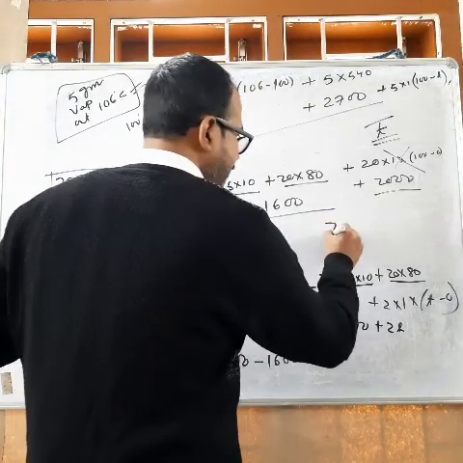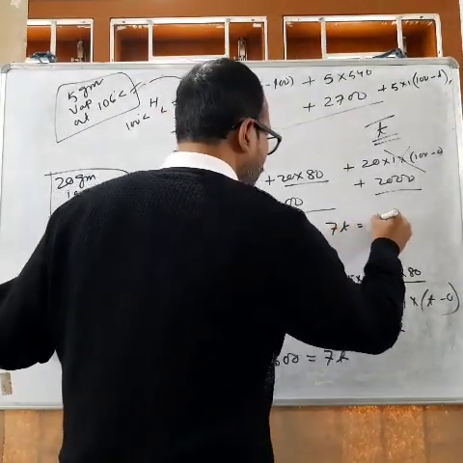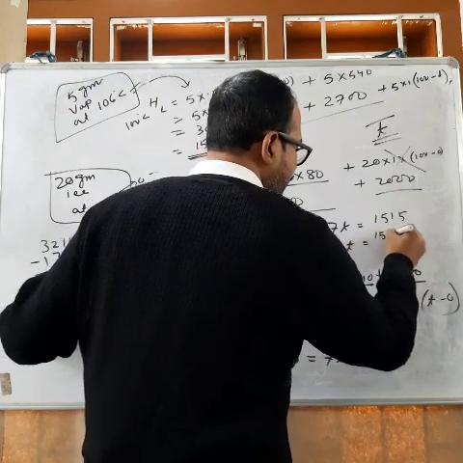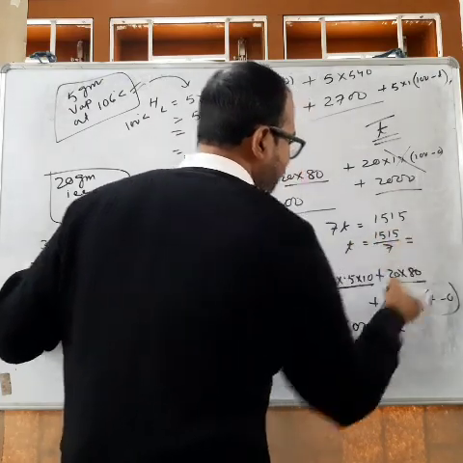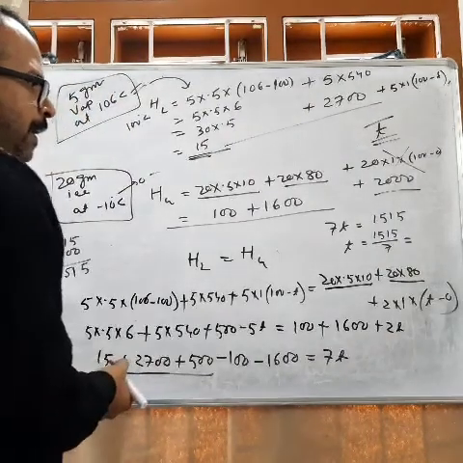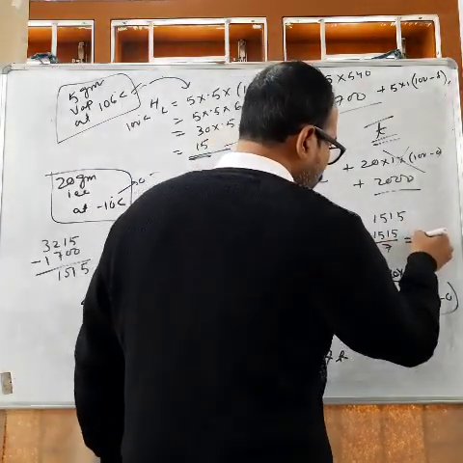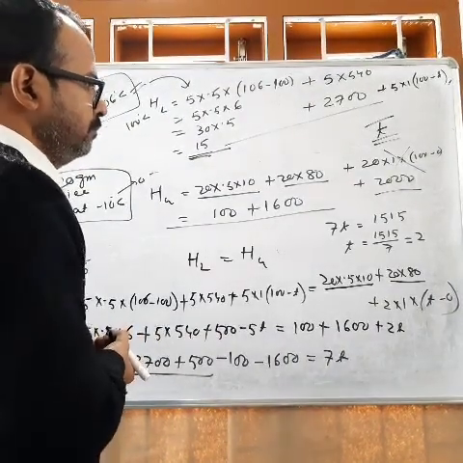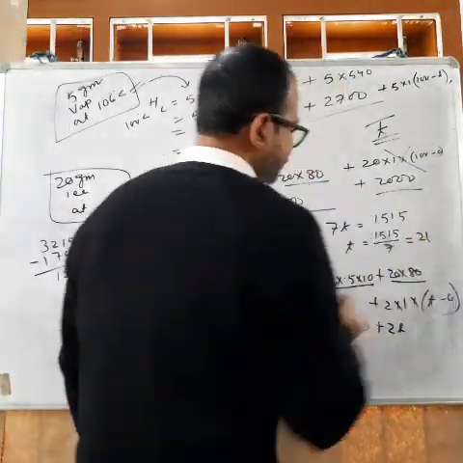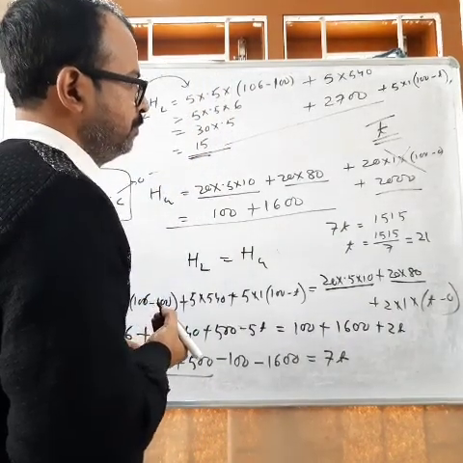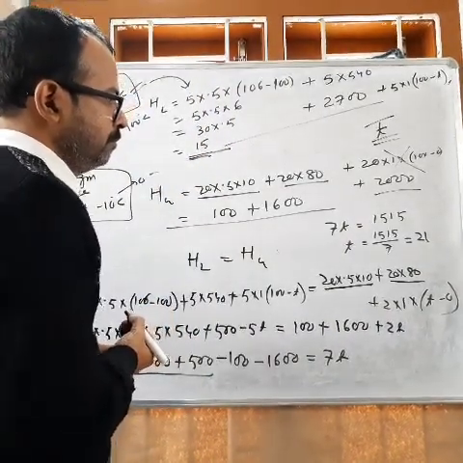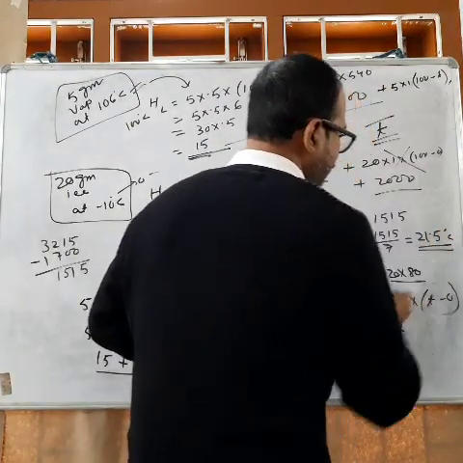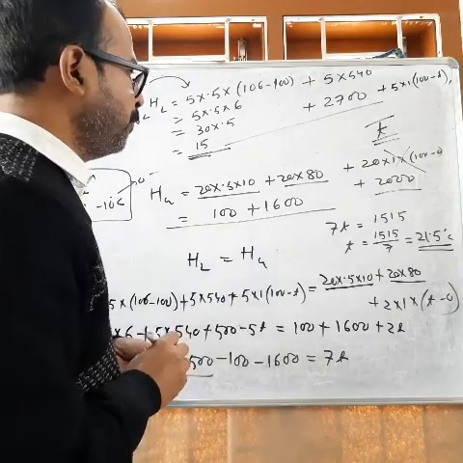So finally 7T equal to 1515. So T equal to 1515 by 7. So temperature is, if you divide, I think 21 point.